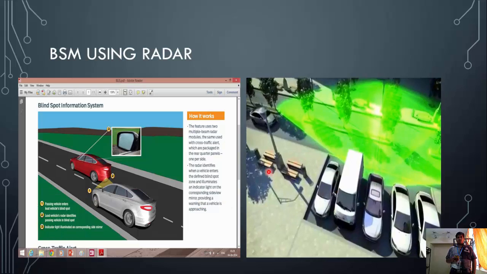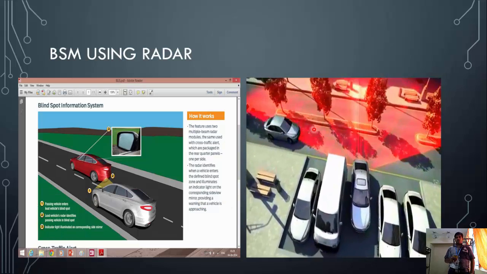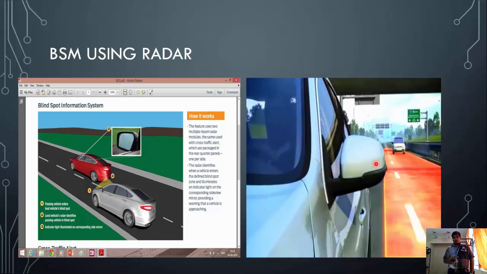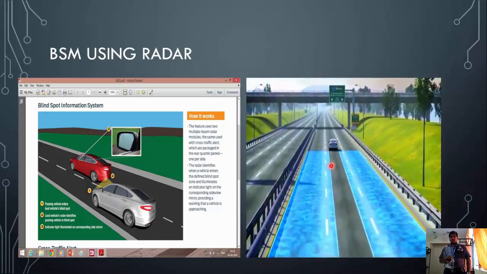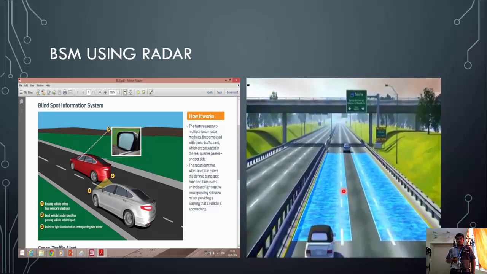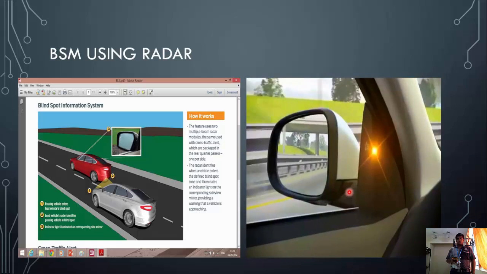Here they use a radio wave sensor, and the radio waves are the signal. Whenever an object enters into the signal, it indicates. And this is the range of the radar sensor, up to this range.